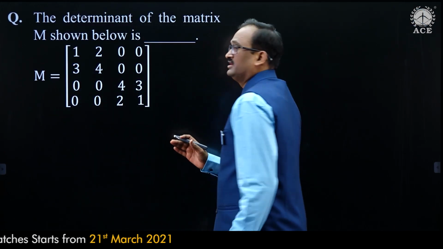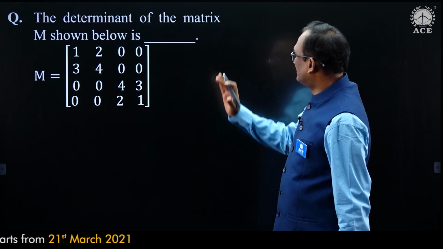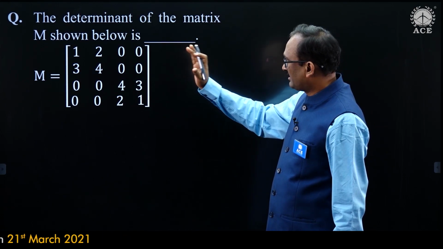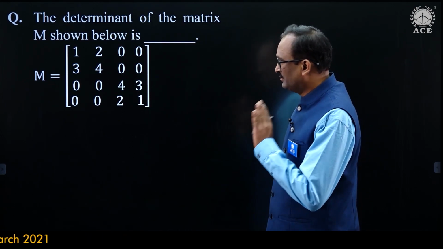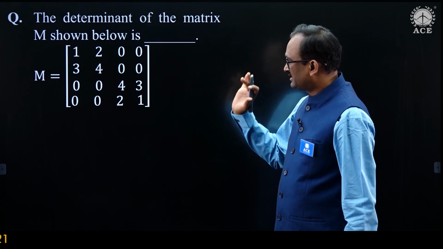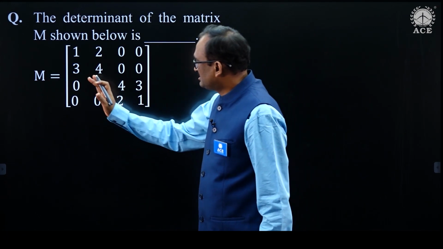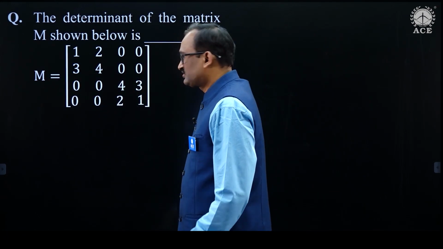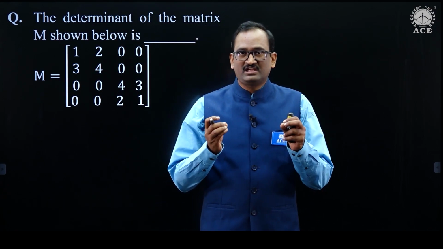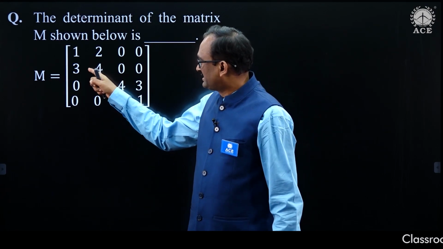Let us see, we were asked to find the determinant of the matrix capital M shown below. Let us find the determinant of the given matrix. Let this matrix be M. First of all, it is very comfortable to make this element 0.